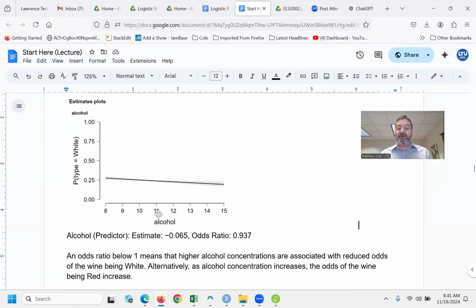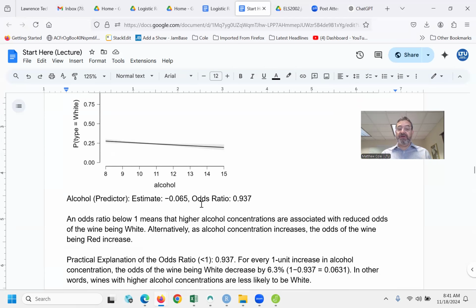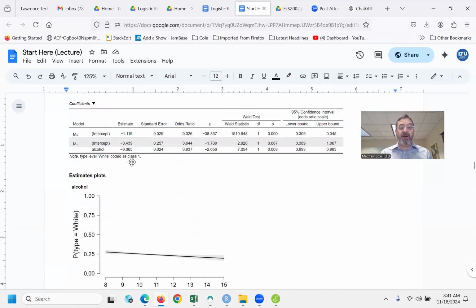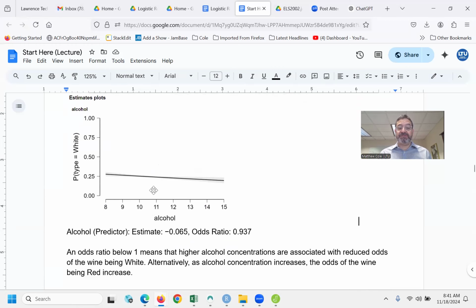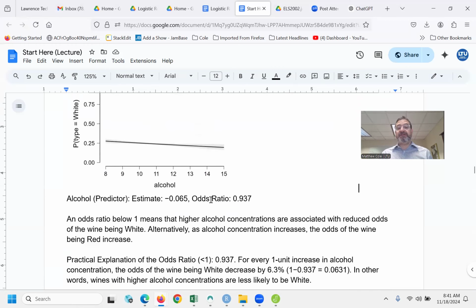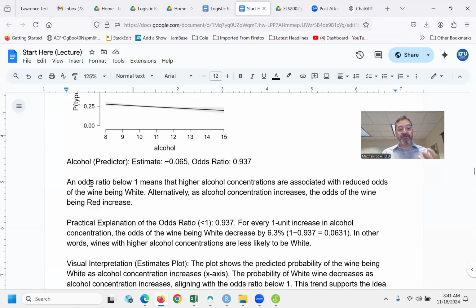But more importantly, let's understand what the log odds of negative 0.065, which corresponds to an odds ratio of 0.937, means. An odds ratio below 1 means that higher alcohol concentrations are associated with reduced odds of the wine being white. Alternatively, if we flip it around, as alcohol concentration increases, the odds of the wine being red increase.